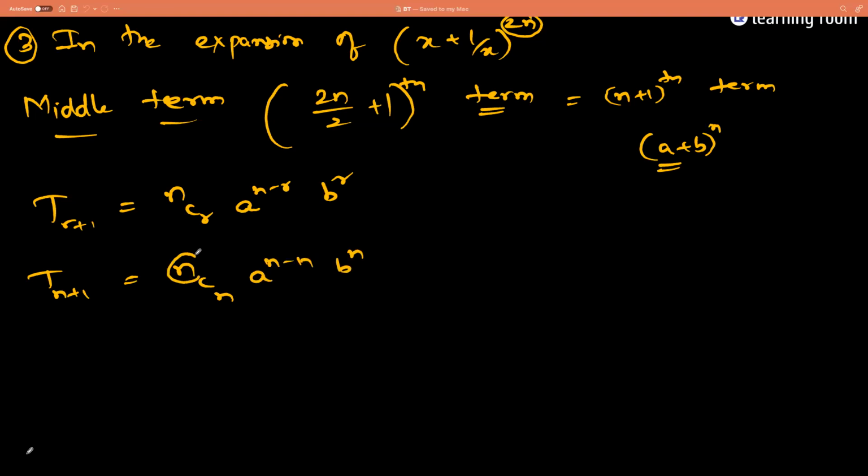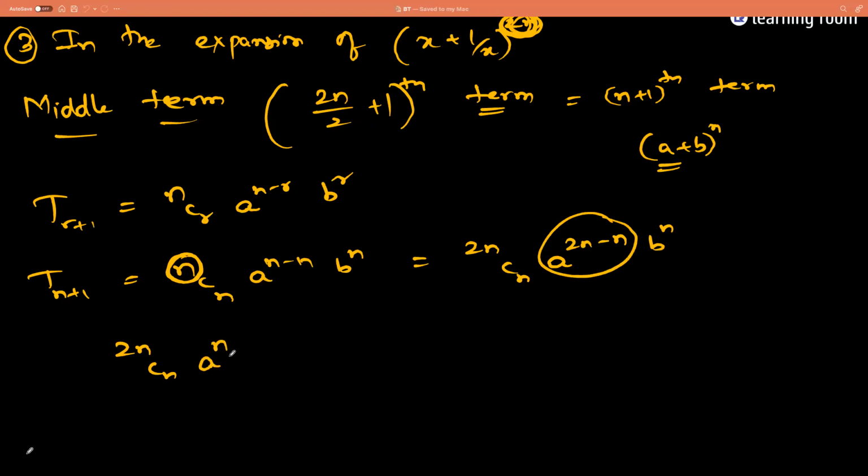But what is the value of n in this case? It is 2n. So 2nCn into a power 2n minus n into b power n. Right. So 2nCn into a power 2n minus n is going to be a power n into b power n.